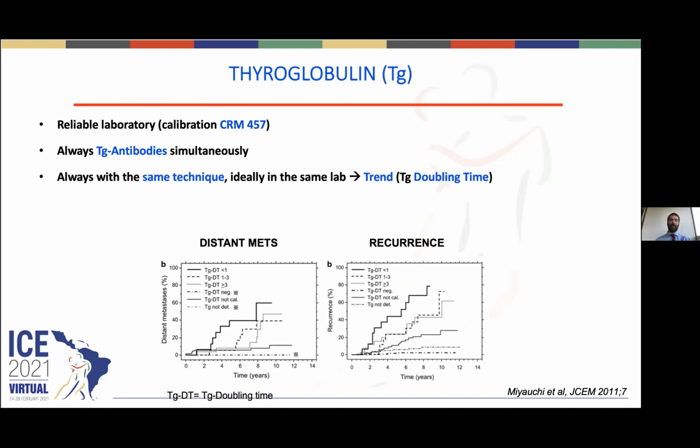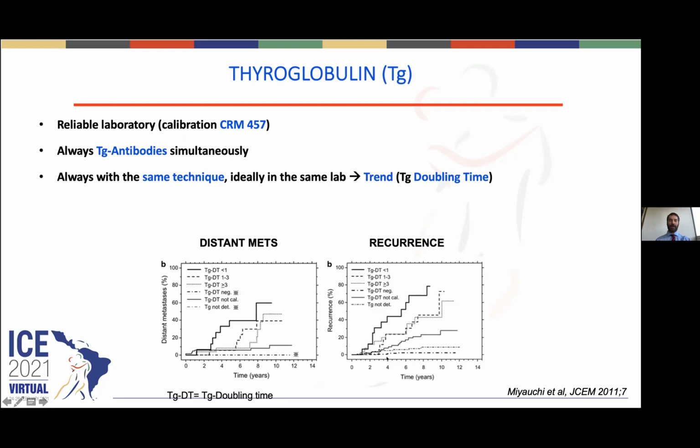if it is increasing. There are very elegant papers, and one of these was by Miyauchi, that showed that in patients in whom the thyroglobulin increased faster, that means that the doubling time is shorter, the likelihood of having distant metastasis or locoregional recurrence is higher in comparison with patients who had a longer doubling time or patients in whom the thyroglobulin is stable, as this bottom line here.